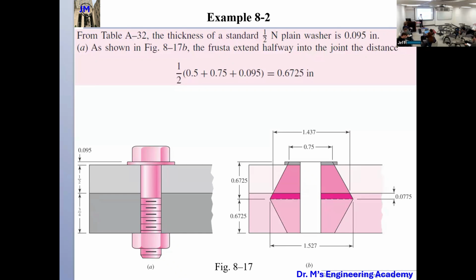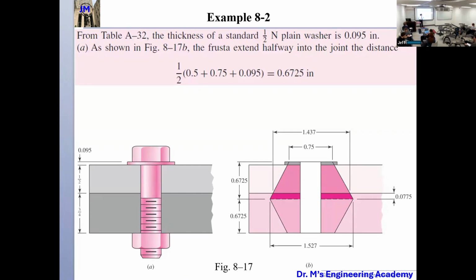However, on the contrary, if I know this material and this material are made of identical material, I just need to find the midline. So this one will be one frustum, and this one will be the second frustum, and I put them together. You understand?